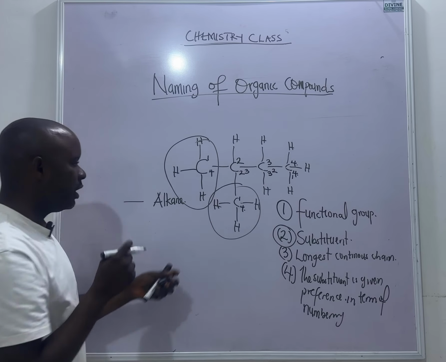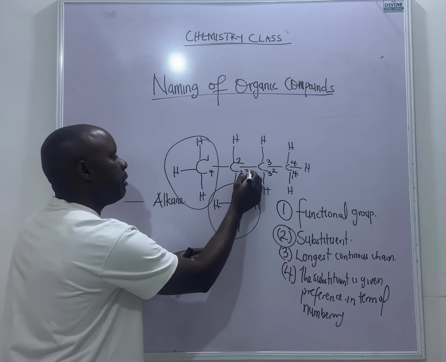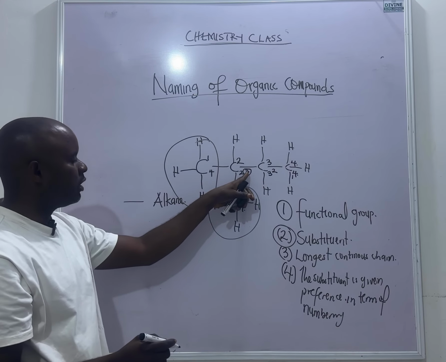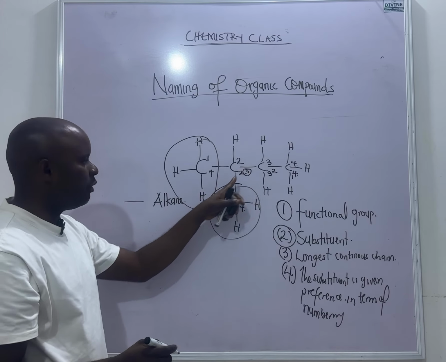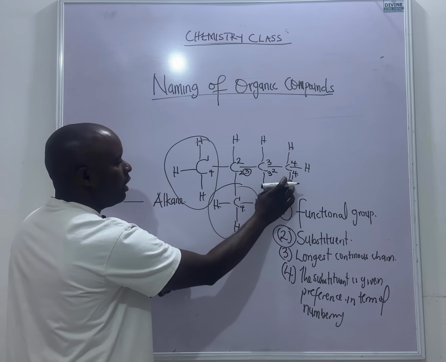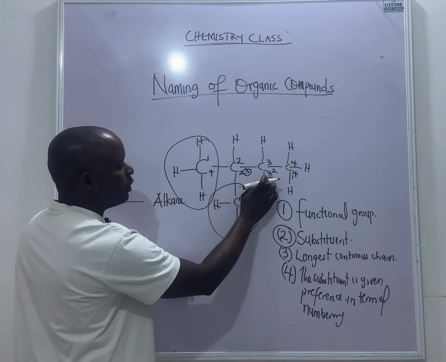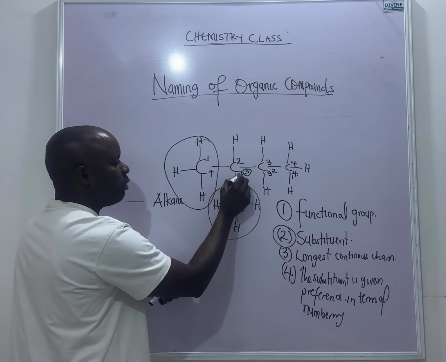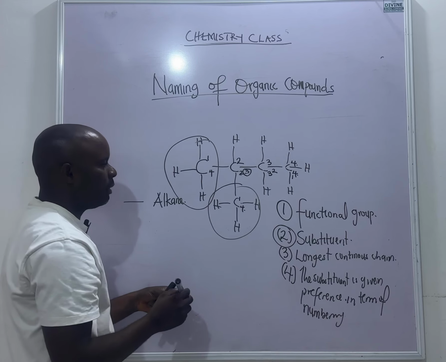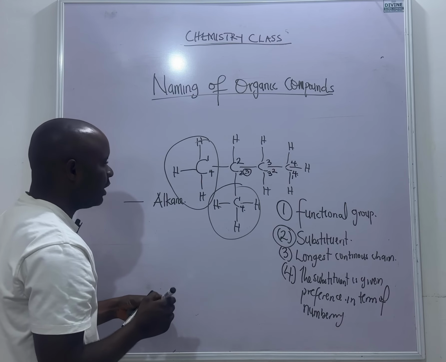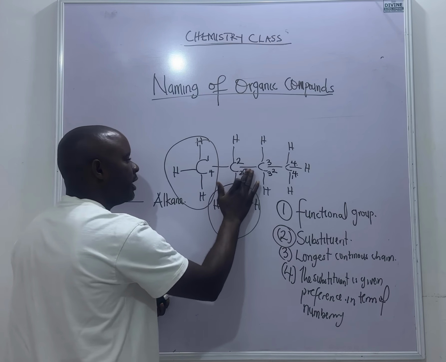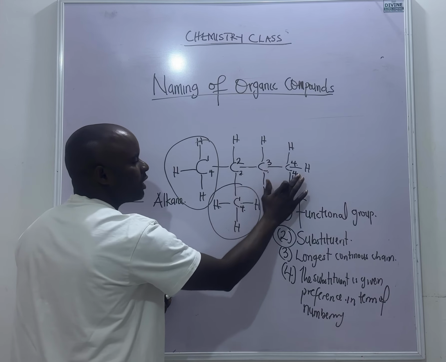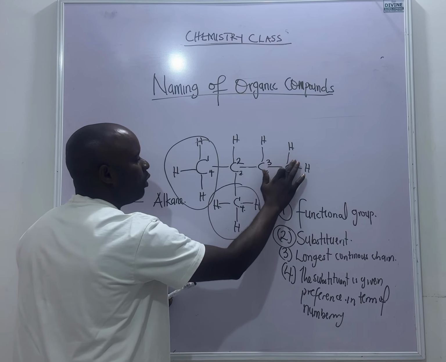In this aspect, if you are using this numbering here, that means this substituent is given 3. In this aspect, if you are numbering from here, 1, 2, 3, 4, we are giving this substituent the lowest number, which is 2. So in this aspect, it is preferable to give this substituent the lowest number.